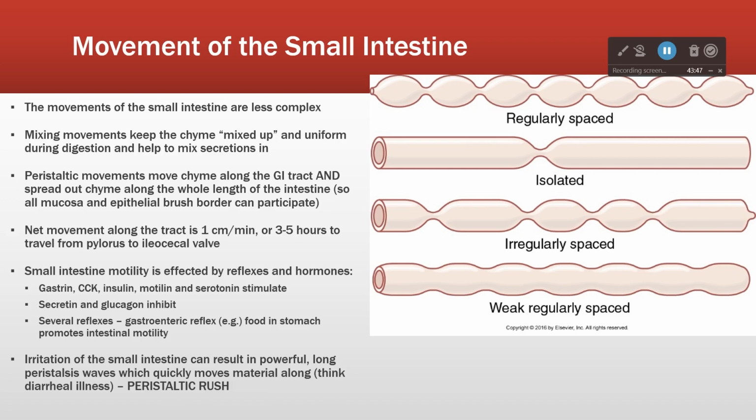Secretin and glucagon. Secretin is released from the duodenum, and its biggest role is to increase bicarbonate secretion from the pancreas. All right, but it also slows everything down so that that bicarbonate has a chance to do its job, which is to neutralize the stomach acid. And then glucagon, remember glucagon is the hormone that works opposite to insulin.